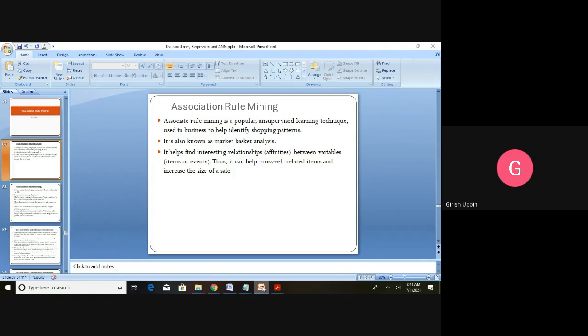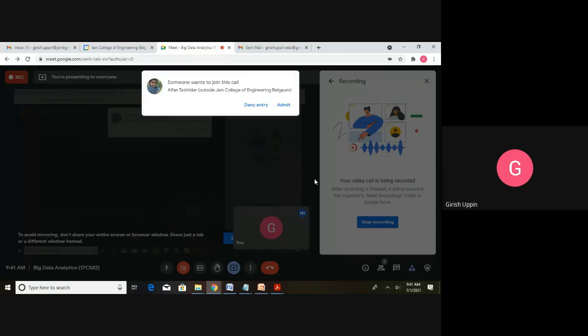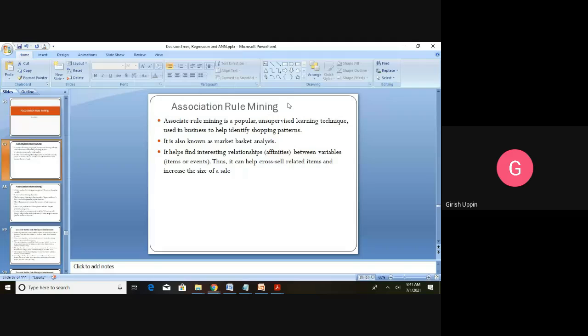So association rule mining is very important. It can find important associations, especially for e-commerce businesses. When we mine all the data we are getting from the point of sales systems, that is also called the market basket.